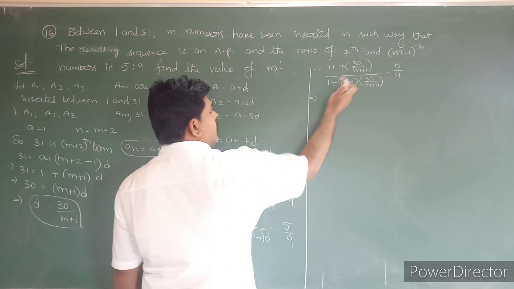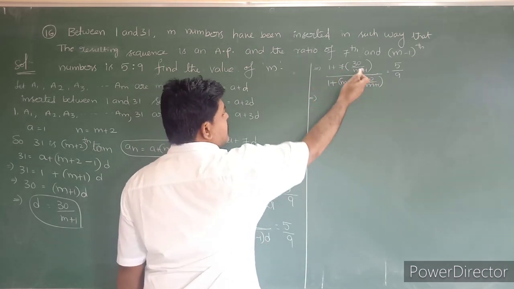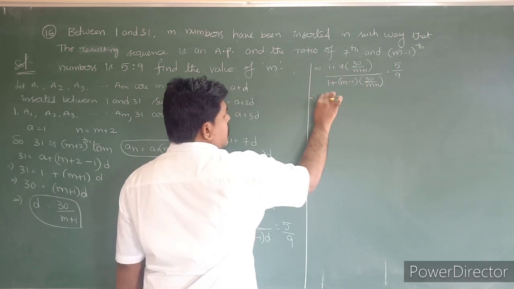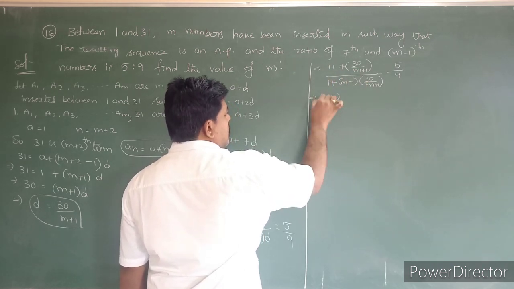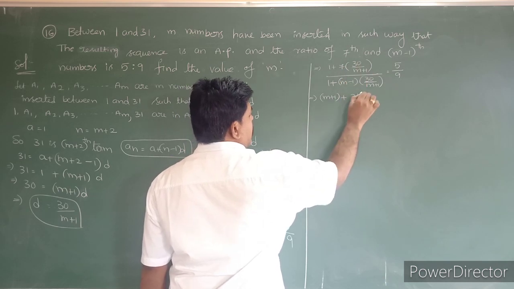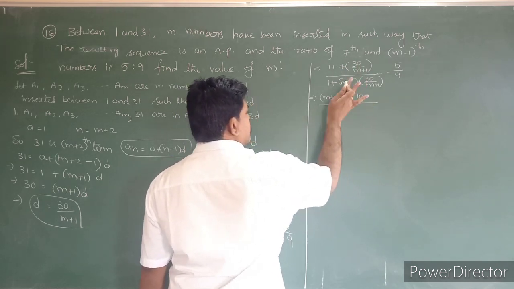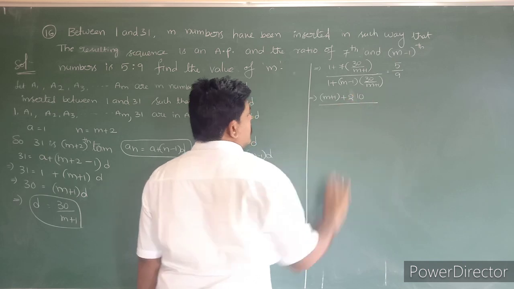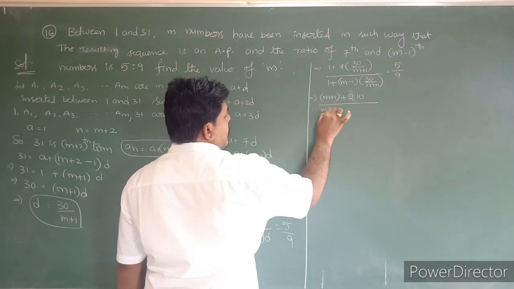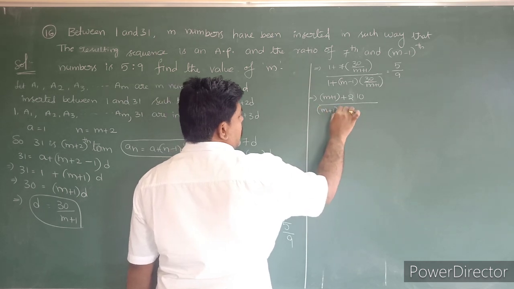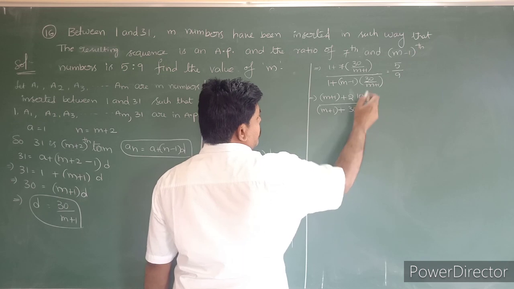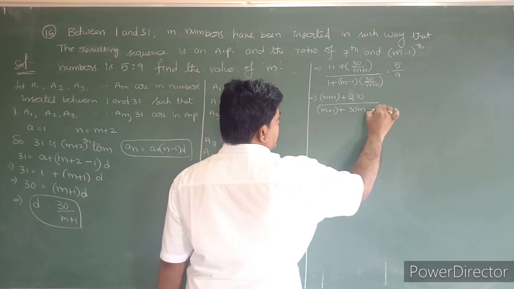So here take the m plus 1 LCM and cancel the m plus 1 in the numerator and the denominator. m plus 1 into 1 is m plus 1, plus 7 into 30 is nothing but 210, by, and take the LCM here, m plus 1 plus 30 into m is 30m minus 30.